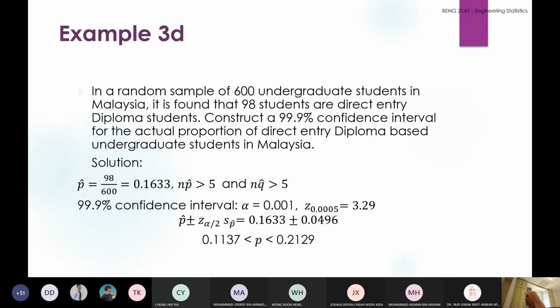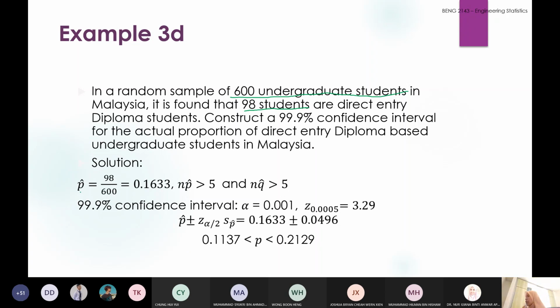In a random sample of 600 undergraduate students in Malaysia, it is found 98% of students are direct entry from diploma studies. Let's construct a 99.9% confidence interval for the actual proportion of direct entry diploma students among undergraduate students in Malaysia. Clearly there's no sample mean and no sample standard deviation.